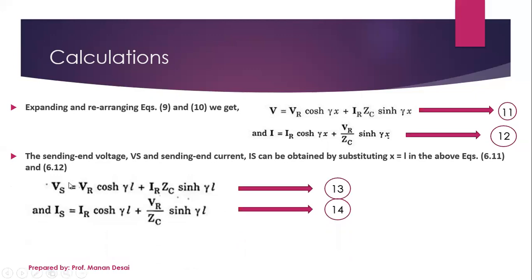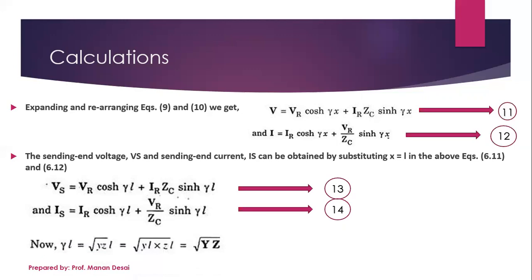So VS is equal to VR cosh gamma L plus IR ZC sinh gamma L. We replace the distance X by the length of the line L. So we got equations 13 and 14 in the form of cosh and sinh.